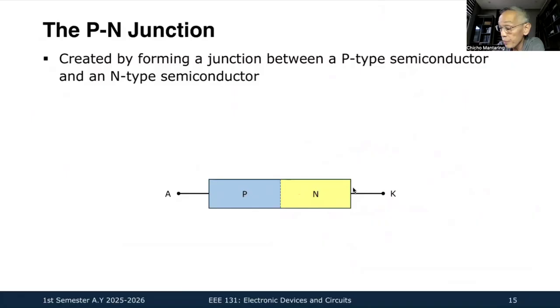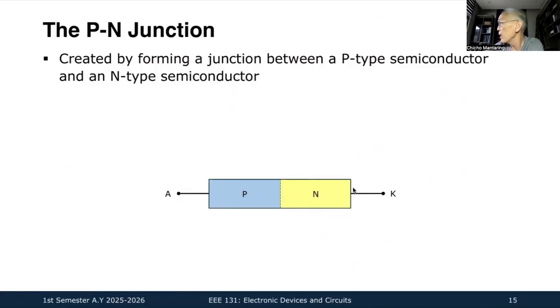Okay? Note that you cannot physically paste a P-type and an N-type together. The crystal lattice structure of the semiconductor must be maintained as you're going from P to N. And because of the level of doping, if you were a very small person and you enter the semiconductor, you wouldn't even know when you left the P and when you entered the N, because of the very low level of doping.